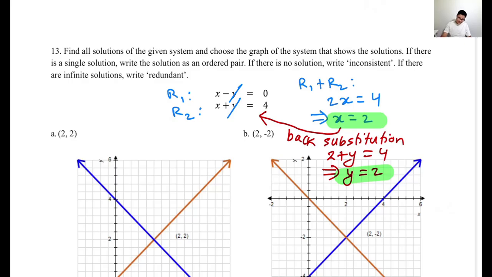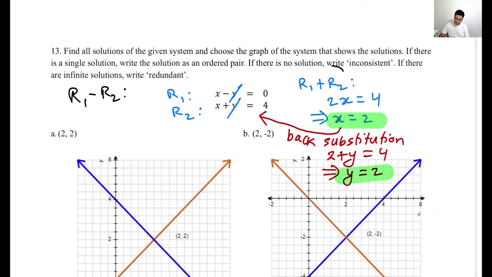That is one way you could solve it. After finding x equals 2, you could do something else also. What is something else you could do? You could do a separate row operation, R1 minus R2.